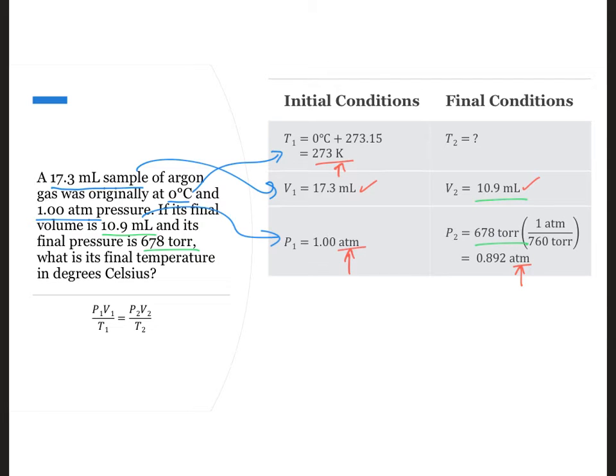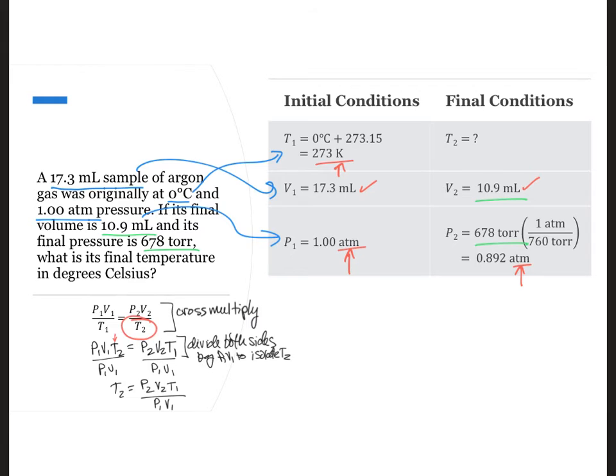Next, we'll rearrange the combined gas law, P1V1 over T1 equals P2V2 over T2, to solve for T2. T2 equals P2V2T1 over P1V1.